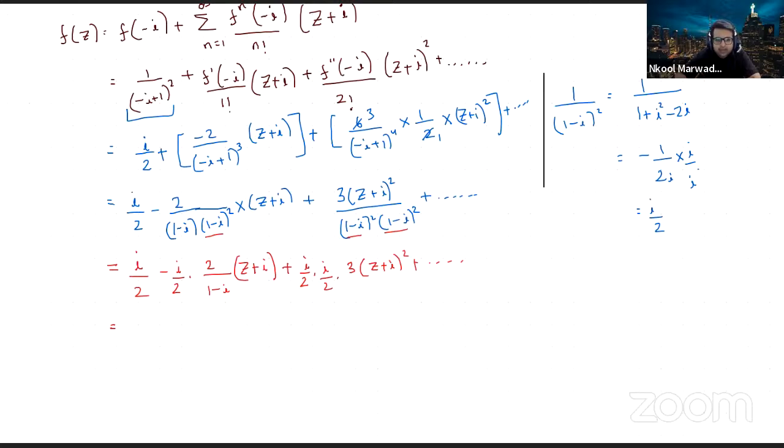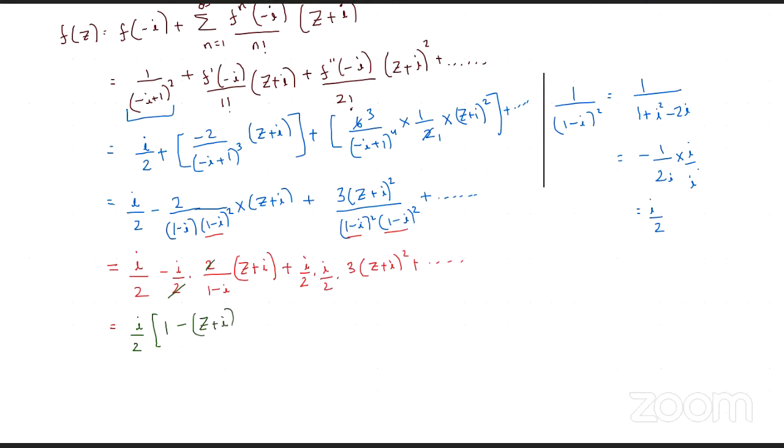I by 2 I can take common. 1 minus 2, 2 will cancel. z plus I upon... But where does the 2 cancel?